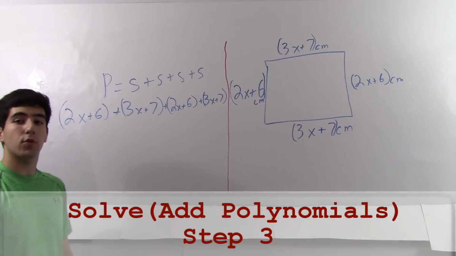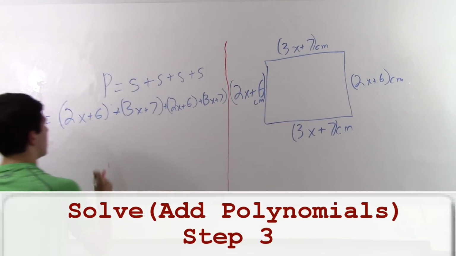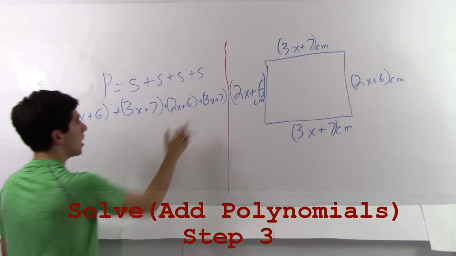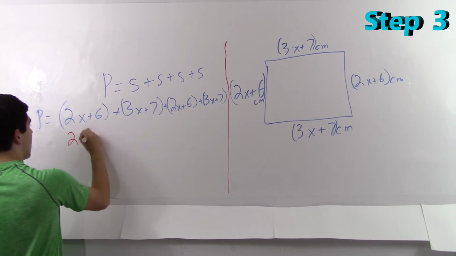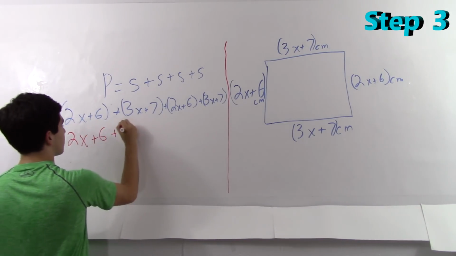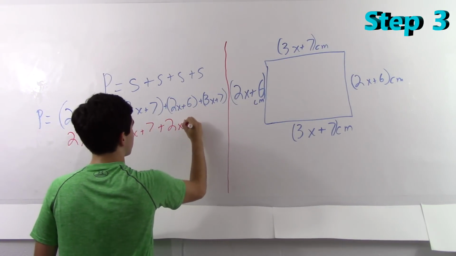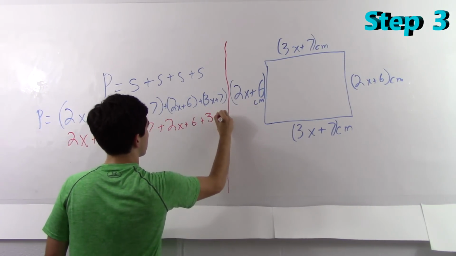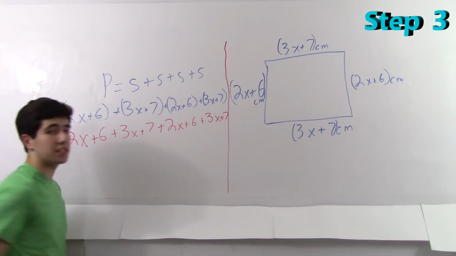From there you're going to move to our third step, which is to solve and combine terms. So these are all addition signs, so I don't need to distribute them. So I just drop the parentheses, and we have 2x plus 6 plus 3x plus 7 plus 2x plus 6 plus 3x plus 7. So now, there are so many terms here, and it can get really confusing.